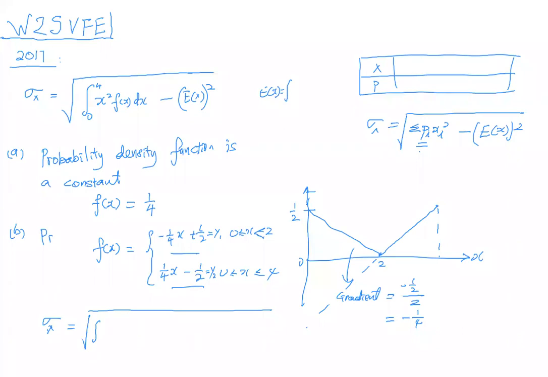Okay, 0 to 2 y1 times x squared dx plus 2 to 4 y2. You want to put x squared in front also can, up to you, okay? dx, then minus the mean square.